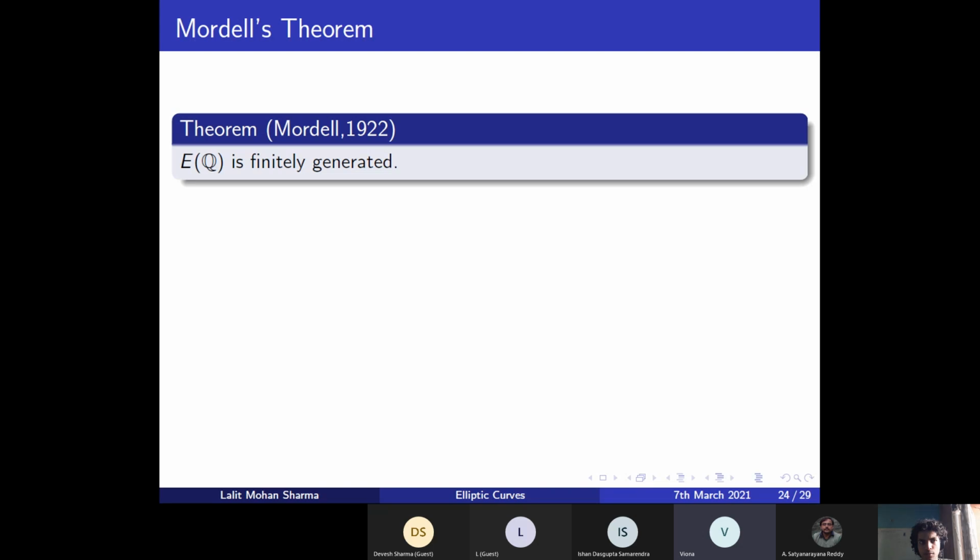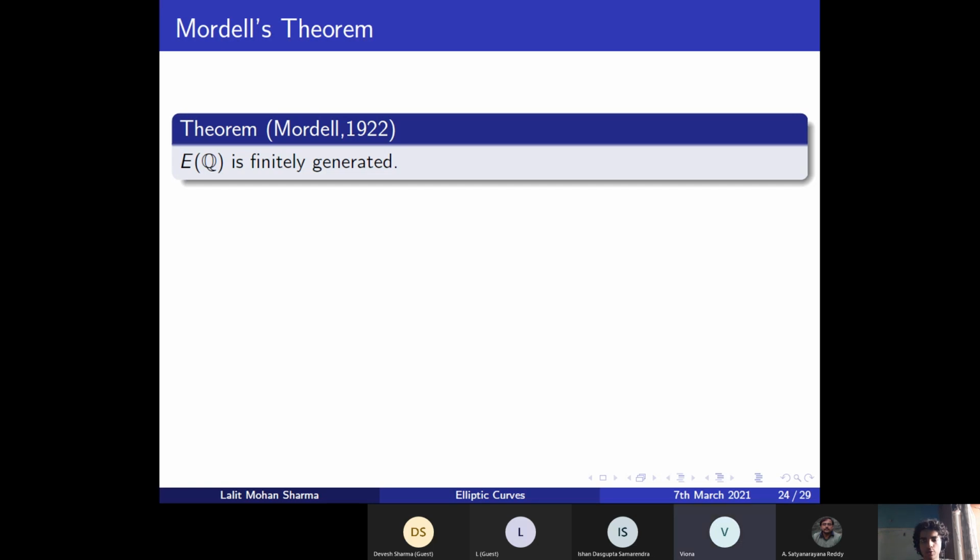Like everything is of finite order, maybe, and it is cyclic. No, I would actually say the generating set is finite. Finitely generated actually means that if you have a finite number of points, then all the other points in the group can be generated from it.